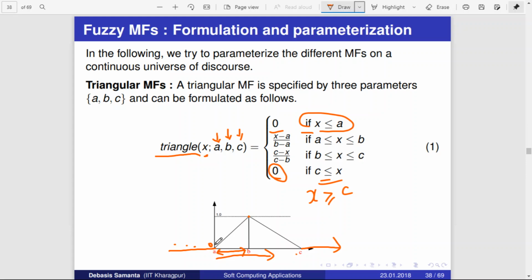Basically we are calculating the slope. Similarly, if x is falling between b and c, then it will be c minus x divided by c minus b. This is how the triangular membership function can be represented mathematically.